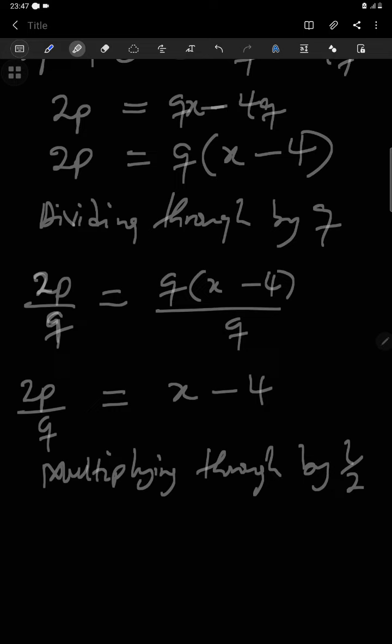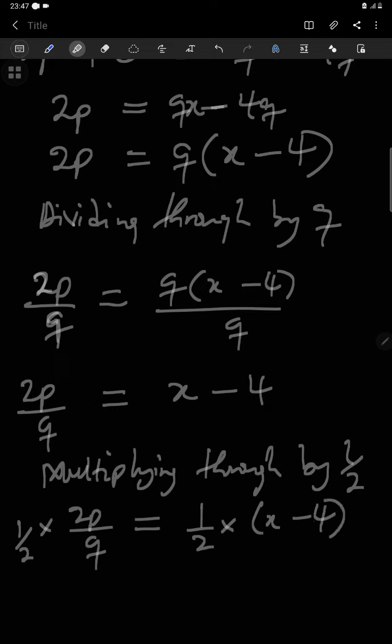If I multiply through by half, what do I get? Half times 2p over q is equal to half times x minus 4. So we see the 2 go.